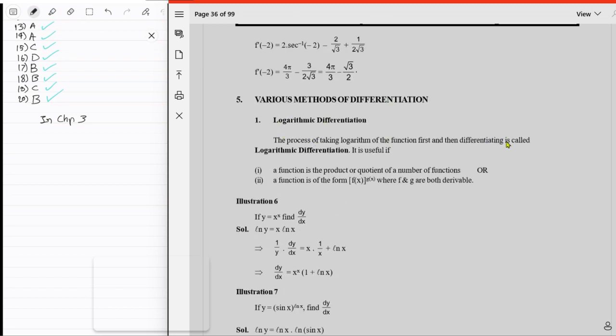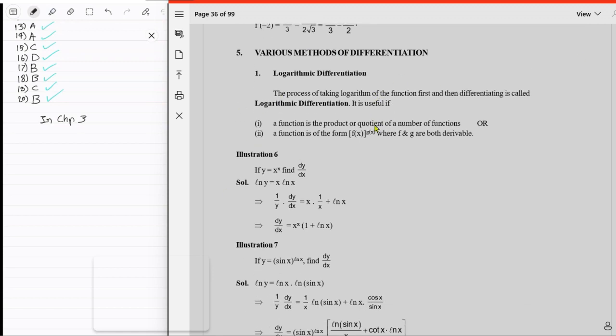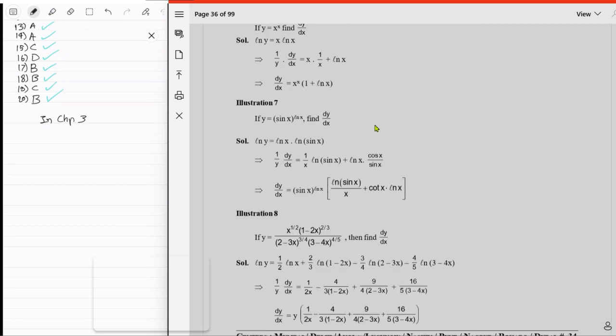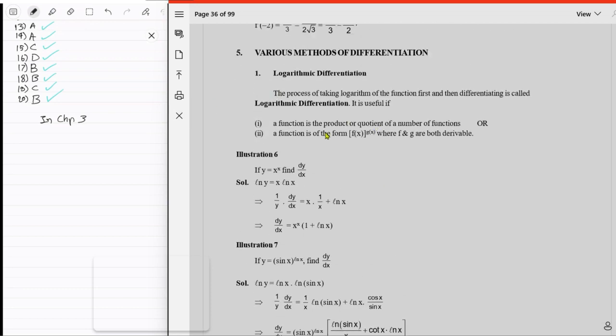Logarithmic differentiation. Oh yeah, I use this a lot when you have a bunch of functions multiplied, then just use this method. Actually, I already know what the result will be.